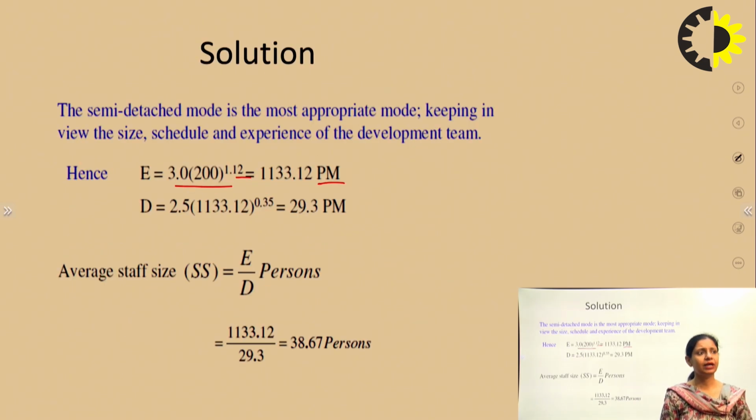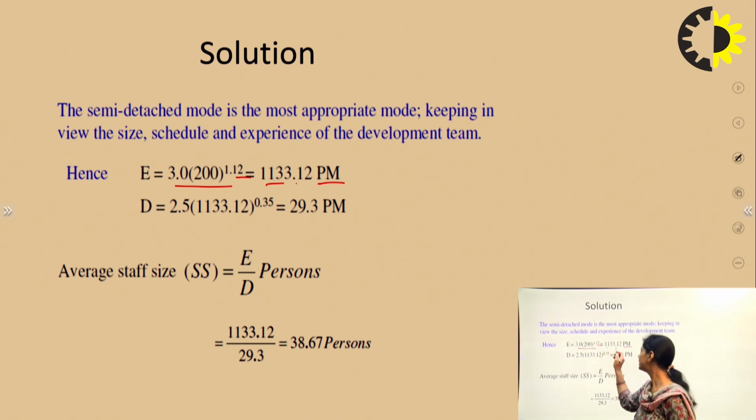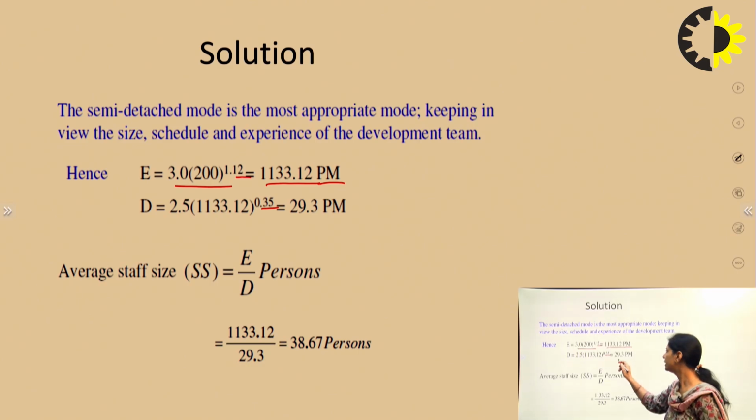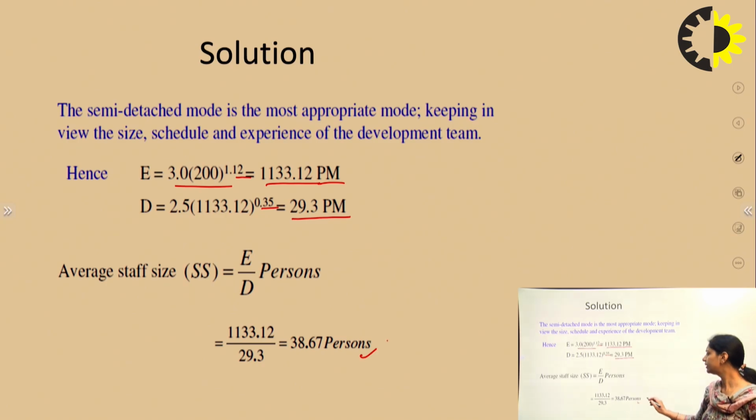We apply that over here, we get 2.5 with the effort, that is 1133.12, to the power 0.35, and this gives the value as 29.3 months. Similarly, the average staff size that we have just seen is E upon D, that is equal to 38.67 persons, which comes out to be approximately 39 persons.